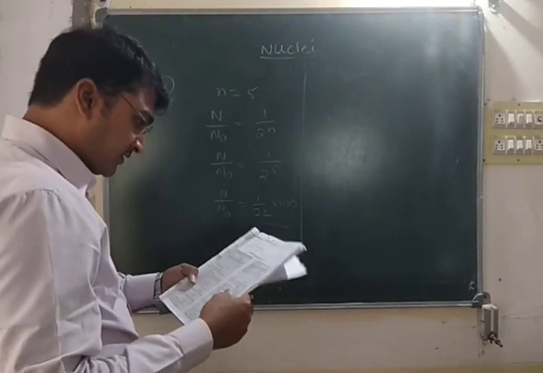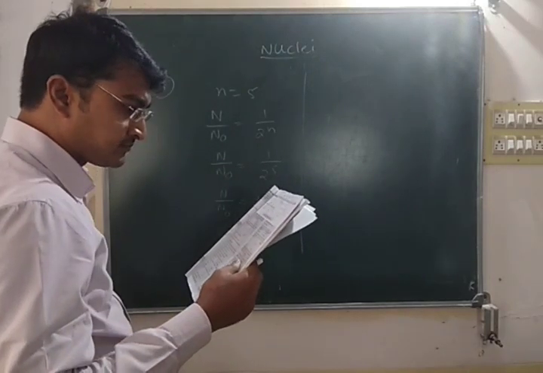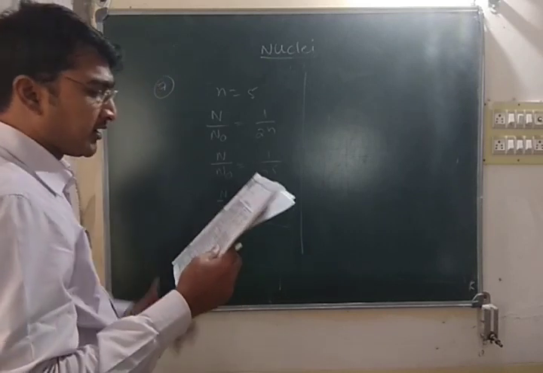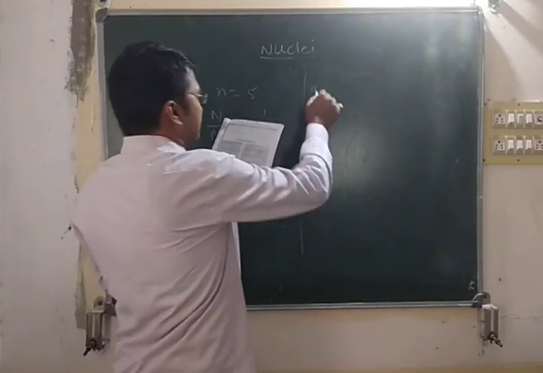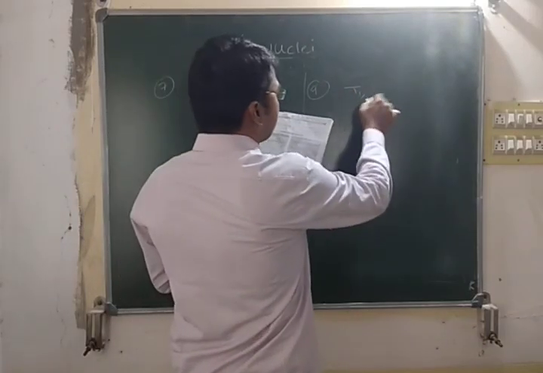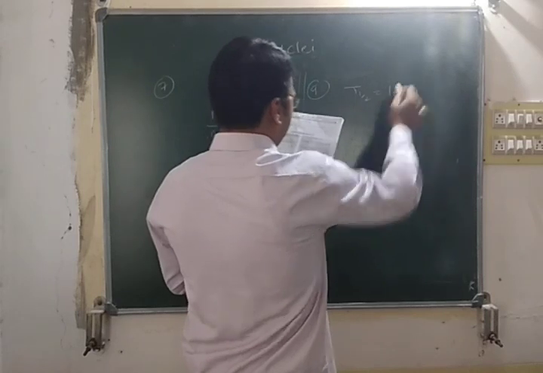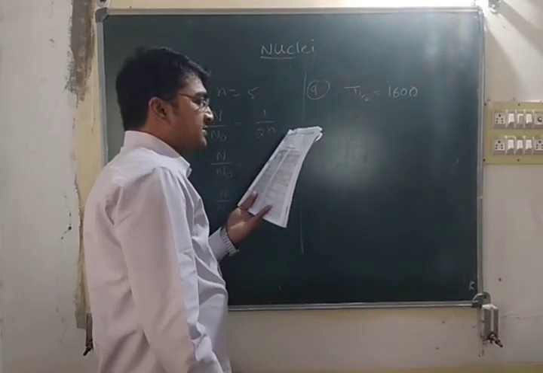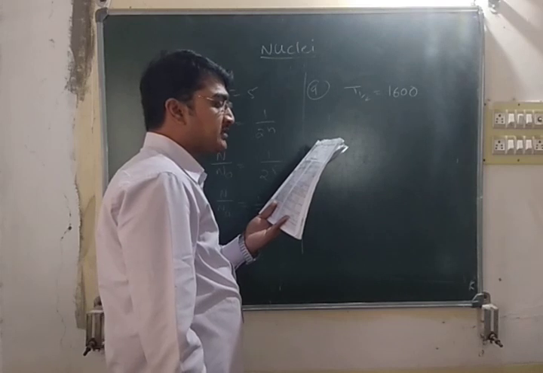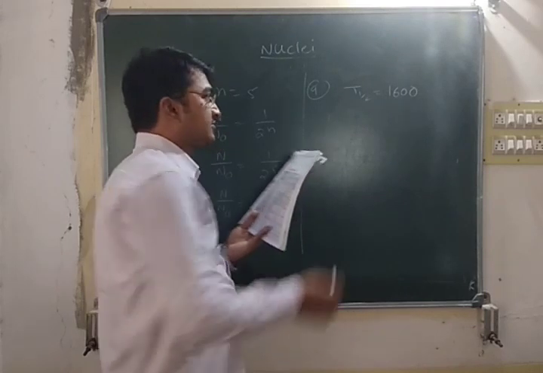Next, one more problem. Okay, this is also the same concept, 9th question. The half lifetime of radium T of is given as 1600 years. 100 grams of radium exists now; after how many years will 25 grams remain unchanged?